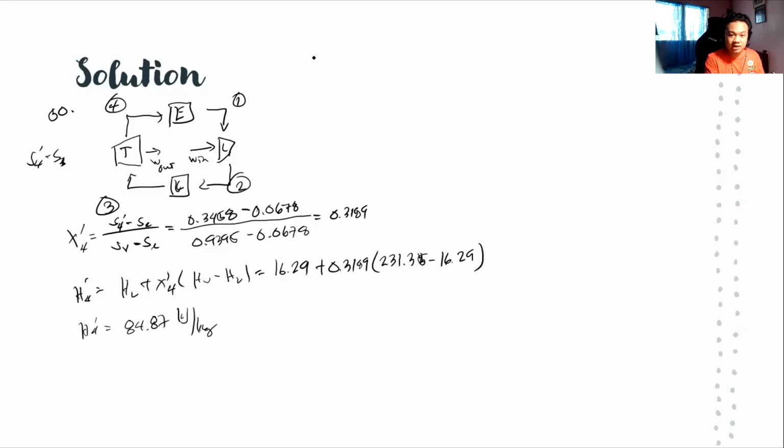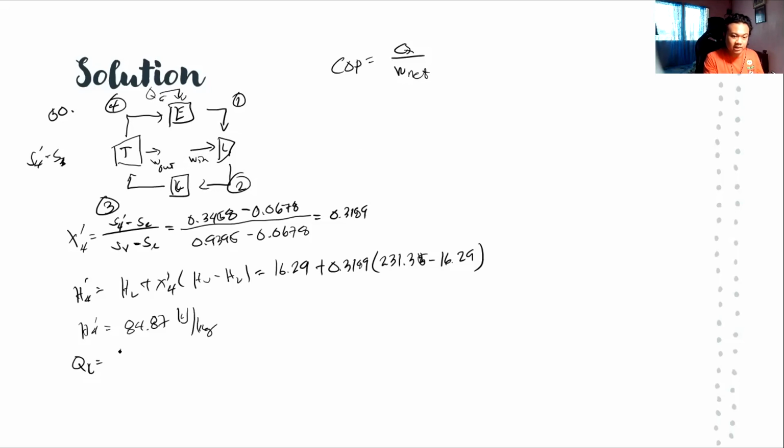And now we are to get our QC, so that we can get our COP. COP is QC over work in, or in this case it is W net, because we have to add our W in and W out. QC, don't forget, is here.